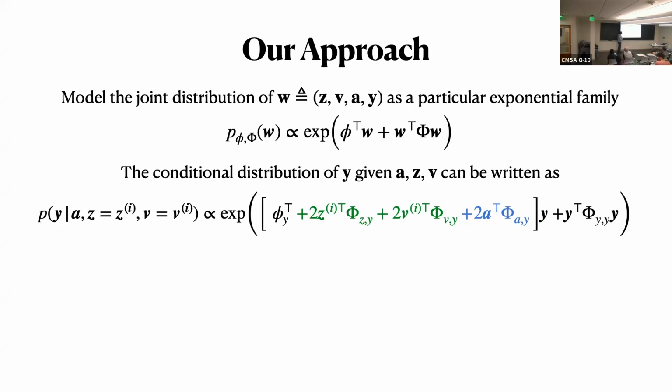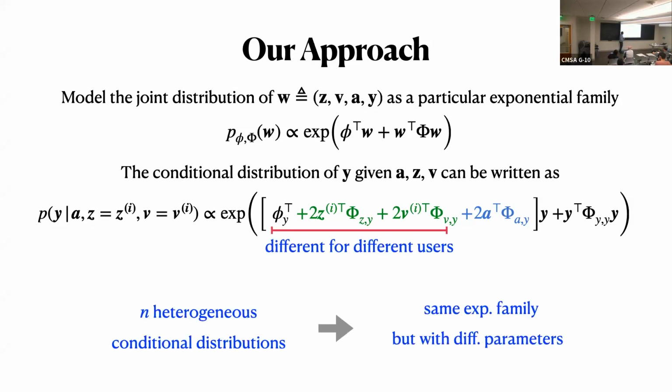And if I were to just spell it out for the distribution that I'm interested in for every i, it looks something like this. Let's slowly parse it in terms of what the color coding is. So I've got the quadratic form for observation. Then I've got this linear form for how A interacts with Y through this parameter.